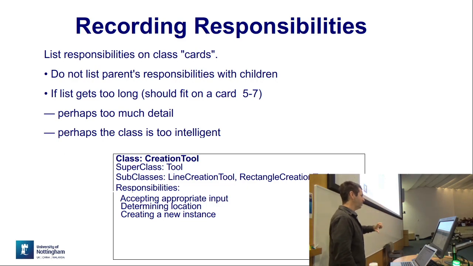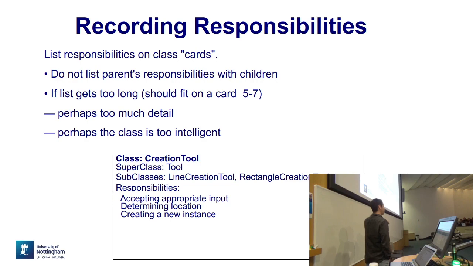And the output from the design, does anybody know what the output from the design is, actually? The output from the requirement specification is a document, right? The output from an implementation is a bunch of source code. Anybody know what the output of a design phase is?